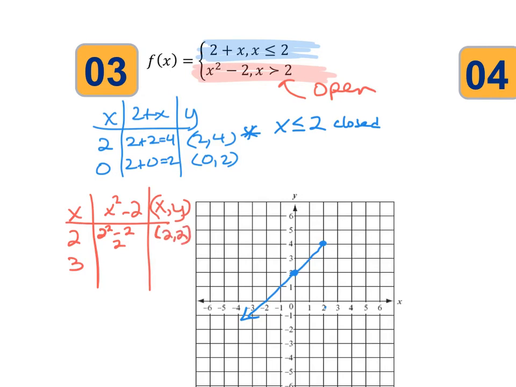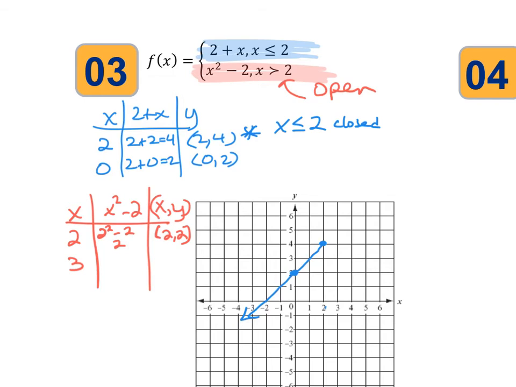Wait, Ms. Corey, I thought you couldn't have x be 2 because it has to be greater than. So you have to plug in the 2, but when you graph it, it's open because it's the starting point. Good? Because technically I could plug in 2.5, but it wouldn't be on my graph if I plug in 3. You follow?